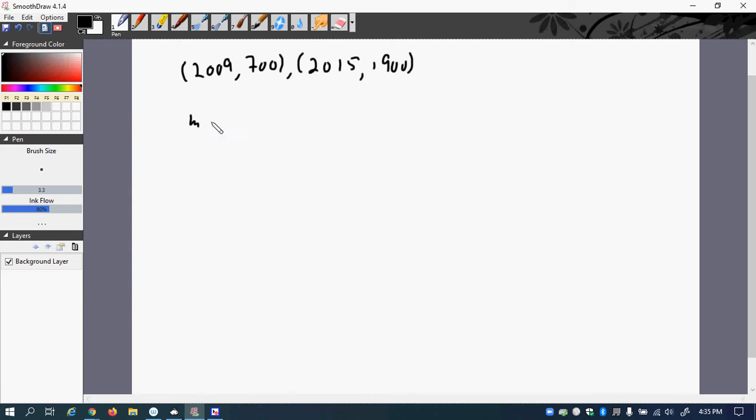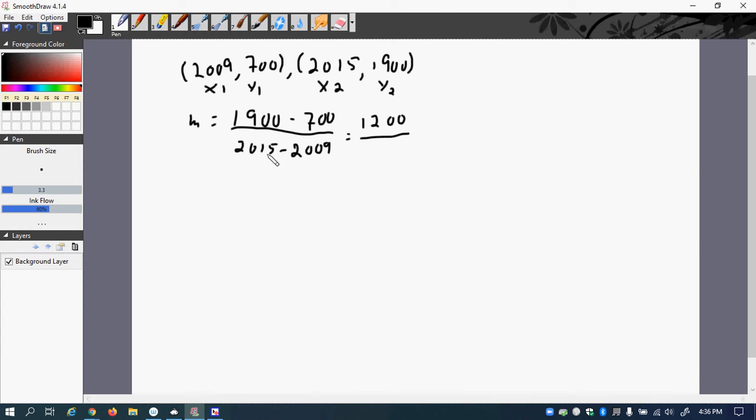Okay, so I need to calculate slope: x1, y1, x2, y2. Now it's 1900 minus 700, all over 2015 minus 2009. 1900 minus 700 is 1200, and 2015 minus 2009 is only 6 years.